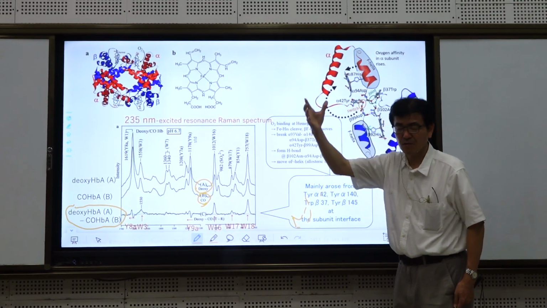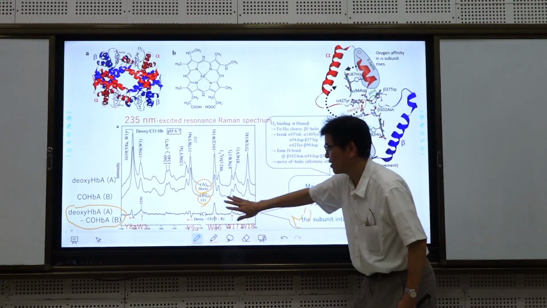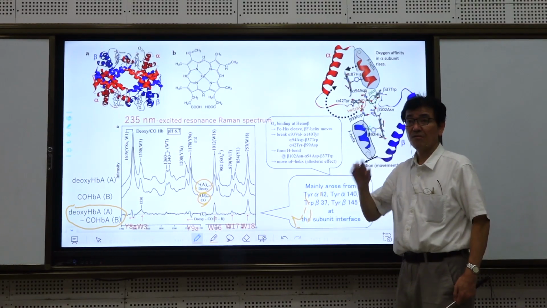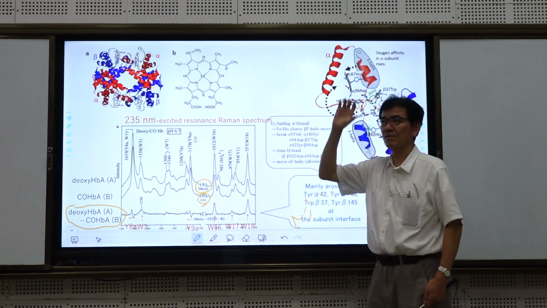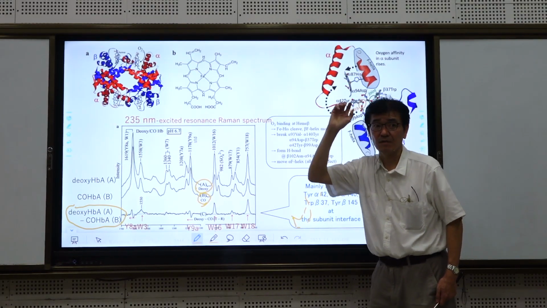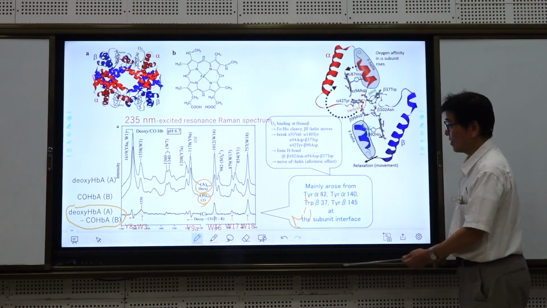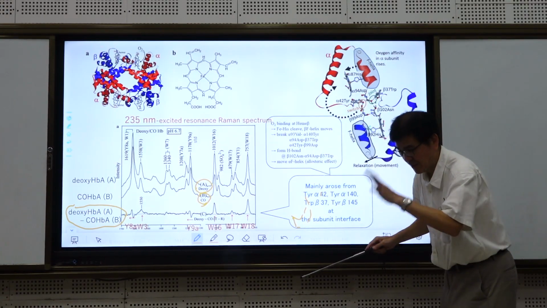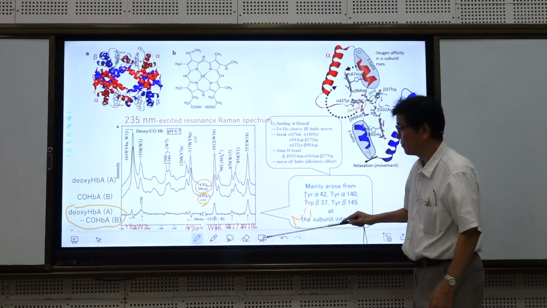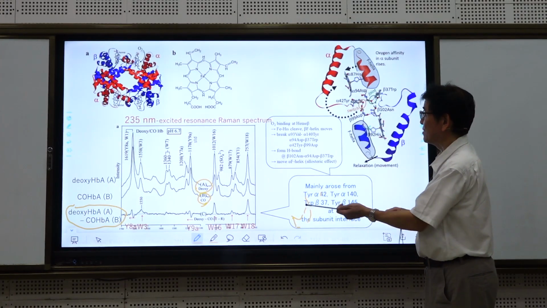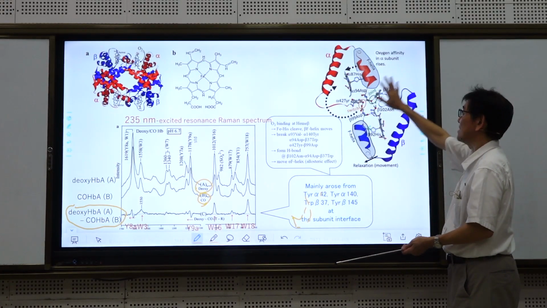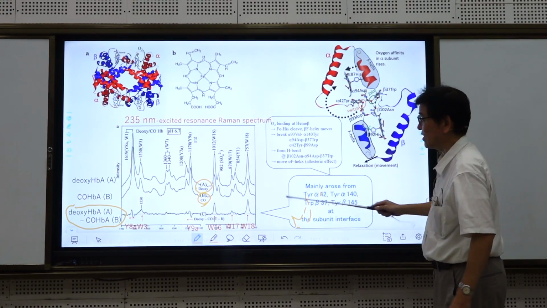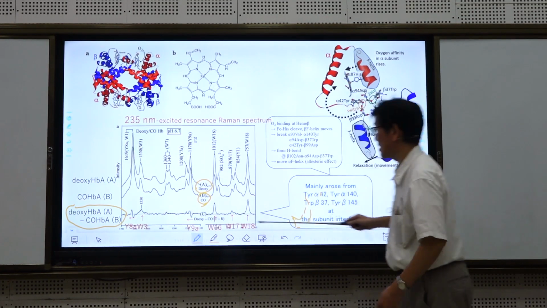If removing one tryptophan and some peak disappears, then we can assign this peak to a particular tryptophan residue. So by repeating that kind of experiment, they could identify which residue is related to this spectral change.